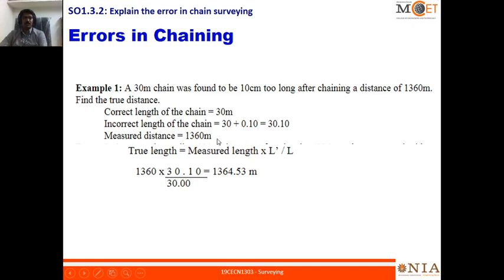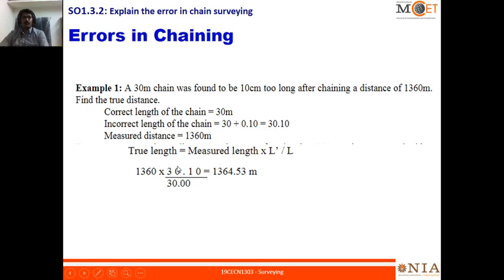So the true length is the measured length into L dash divided by the standard length. Here we can apply directly: 30.10 is the incorrect length, that is L dash, divided by 30 meter, the standard length, then we will get the true length.